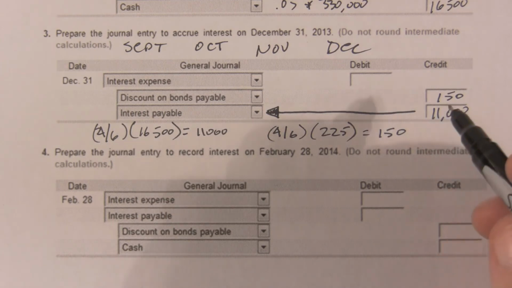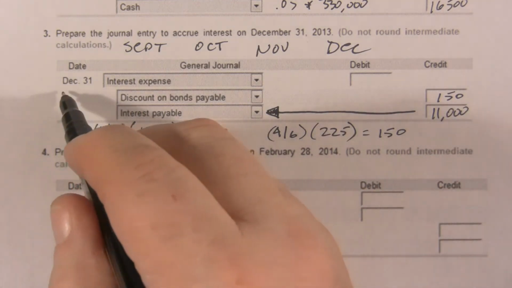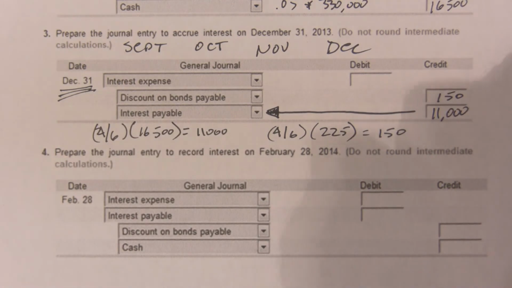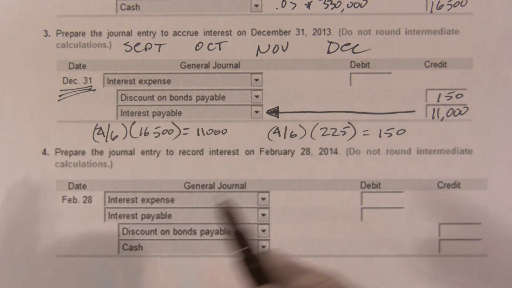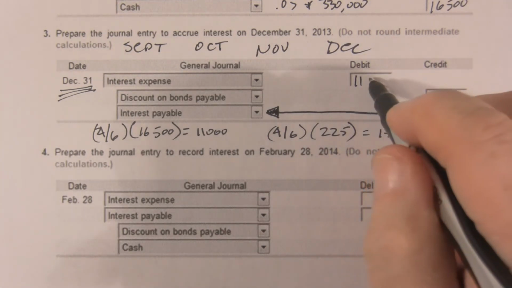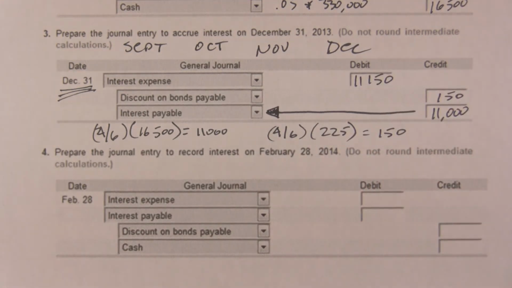And our interest expense that we're accruing for October 31st that we will be paying in February is a total of $11,150. That goes to our income statement for 2013 or whatever it is.